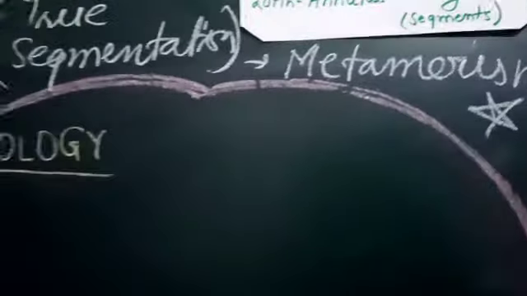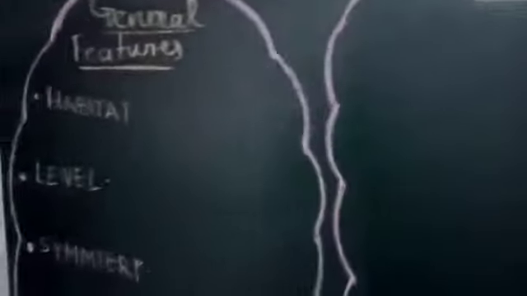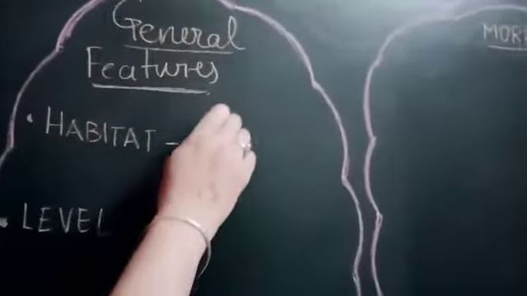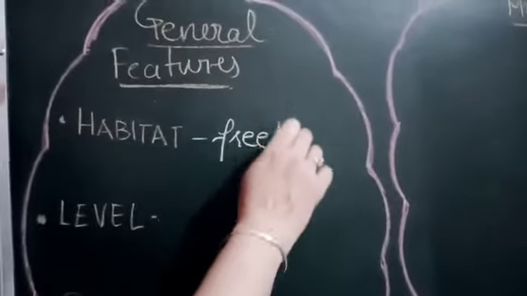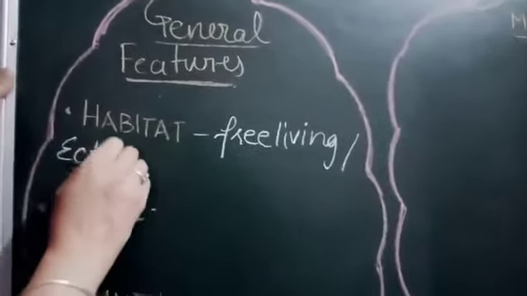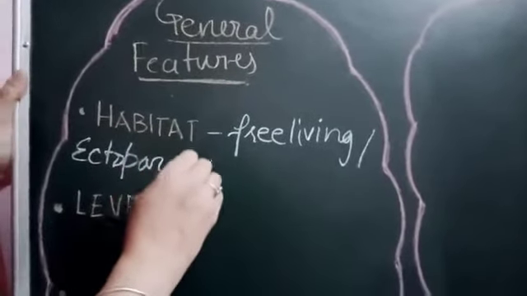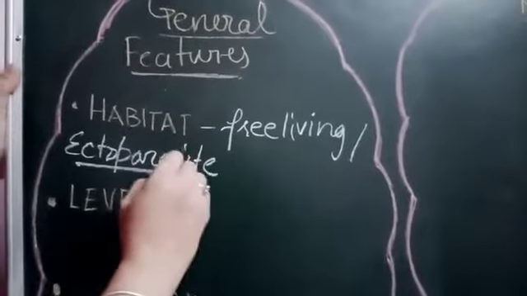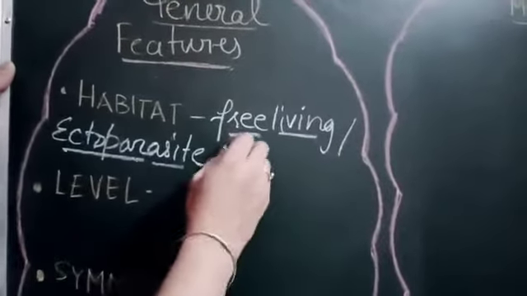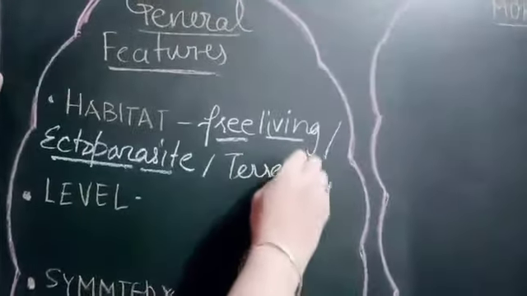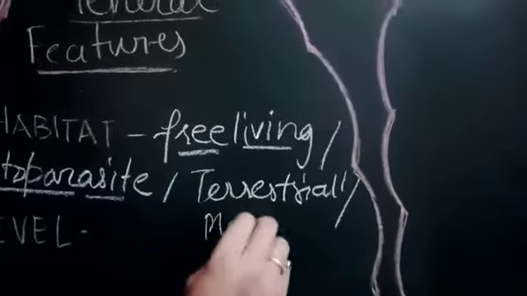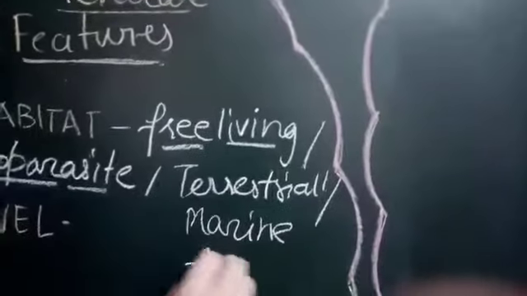As far as the next general features are concerned, we will follow the same hierarchy. Habitat: they may be free living or they may be mainly ectoparasite. They may be terrestrial, marine or freshwater.